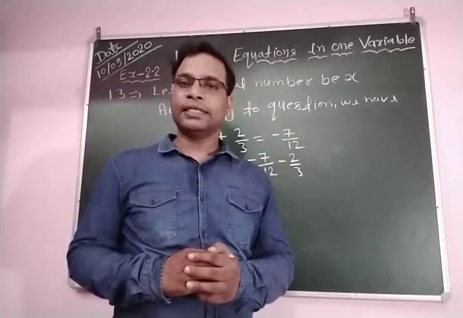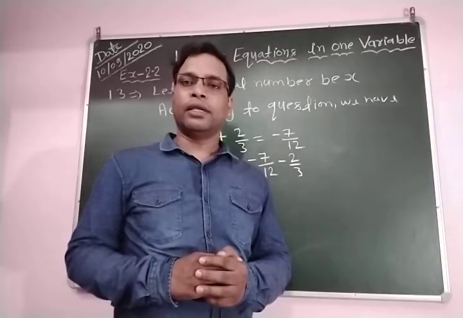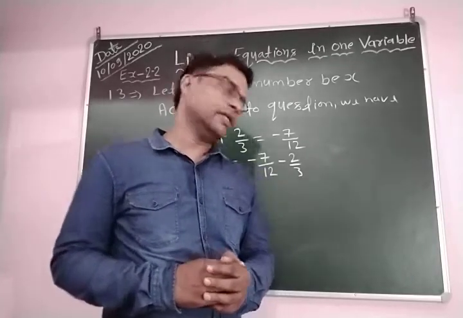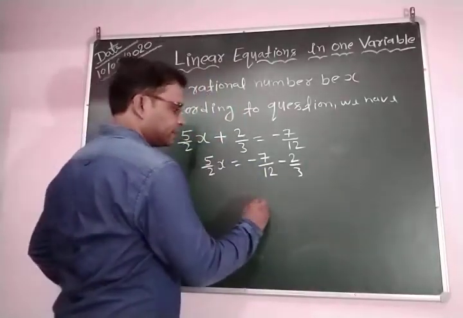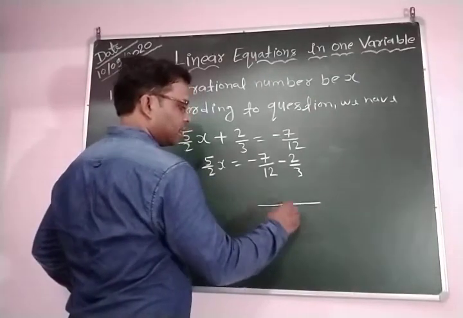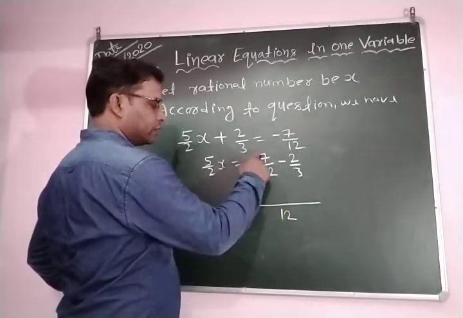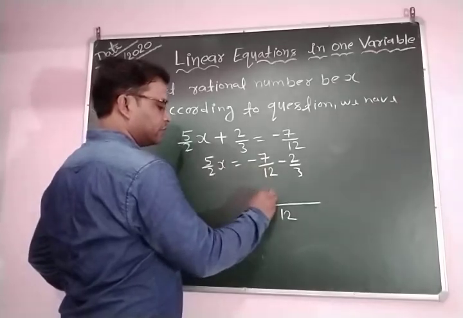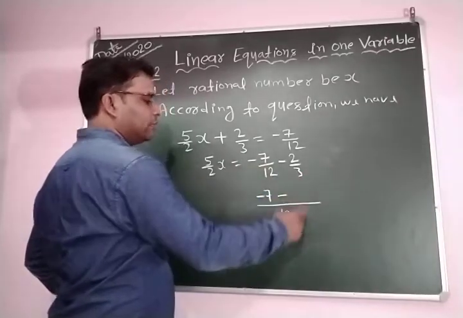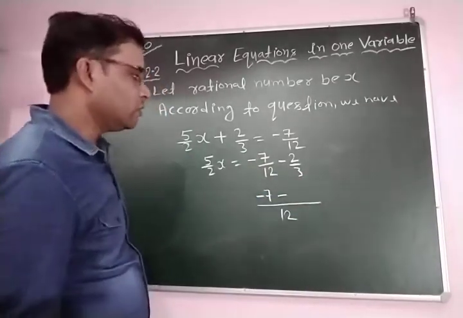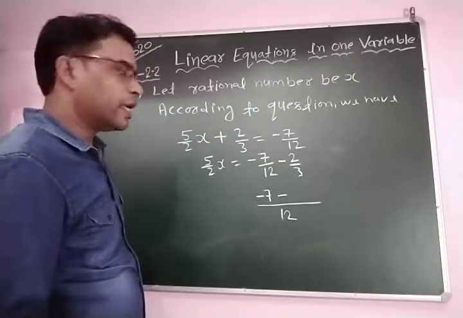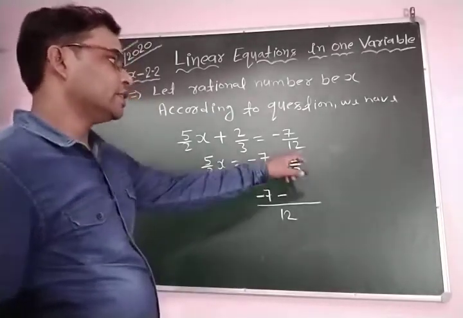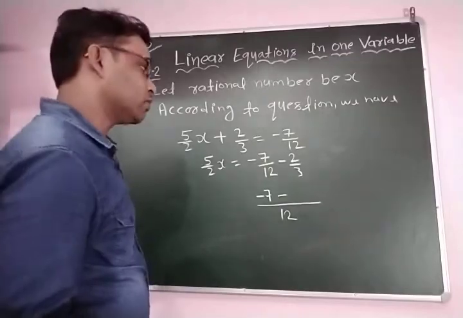12 and 3 is 12, because 12 is a multiple of 3. So you can write here 12. 12 times 1 is 12. For this, 7 times 1 is 7. It becomes minus 7. If we divide 12 by 3, we obtain quotient 4, and we multiply the numerator by this quotient 4.